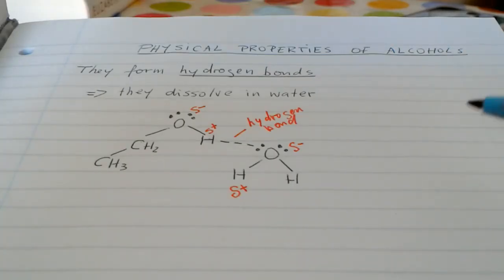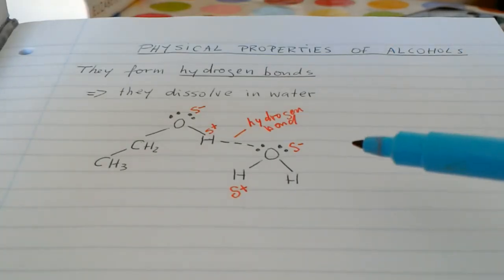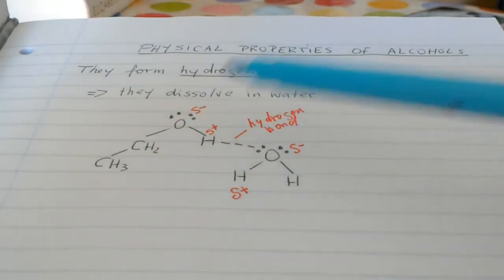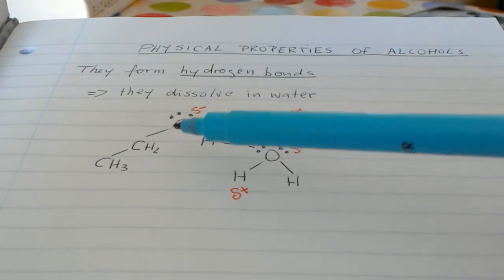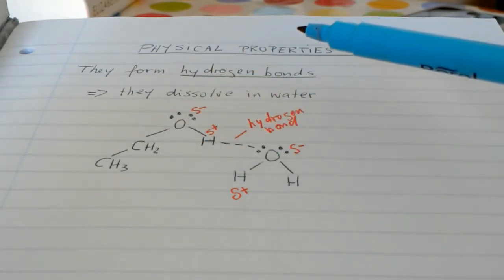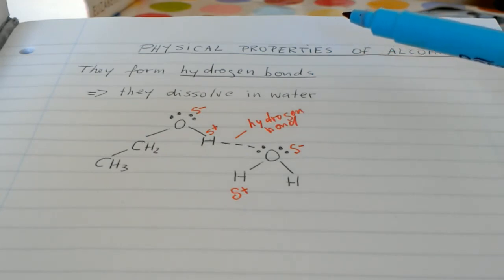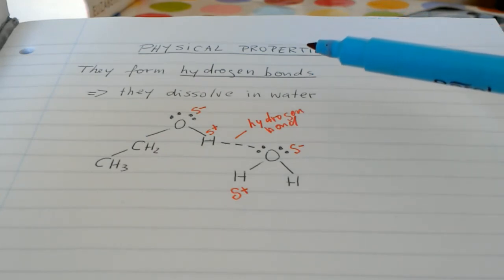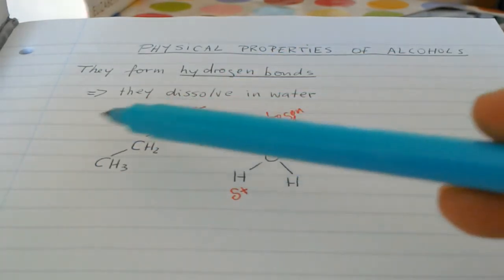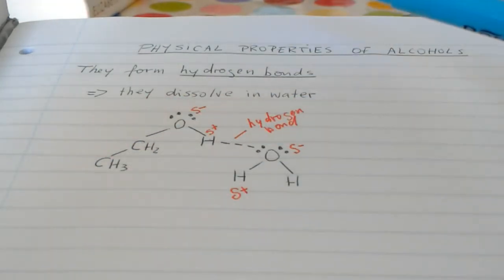It's also important to consider that only short chain alcohols dissolve in water. Okay, so we have methanol dissolves in water, ethanol dissolves in water, propan-1-ol, propan-2-ol also dissolve in water. But the moment you have about 8 carbons in the chain, then you have a too big non-polar part of the molecule, in which case it won't dissolve.